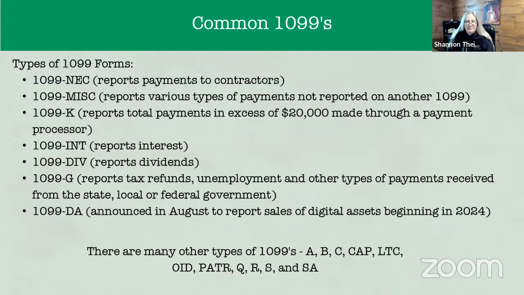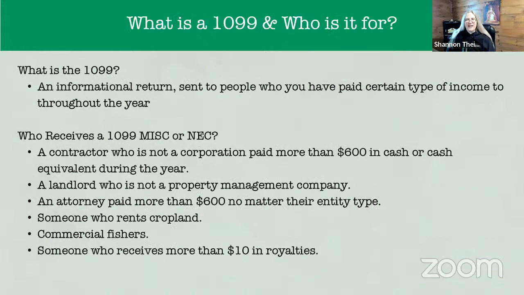There are many different types of 1099s, which I've also listed on this slide. And I will be uploading a PDF of the slide presentation today so that you can review it later at your leisure.